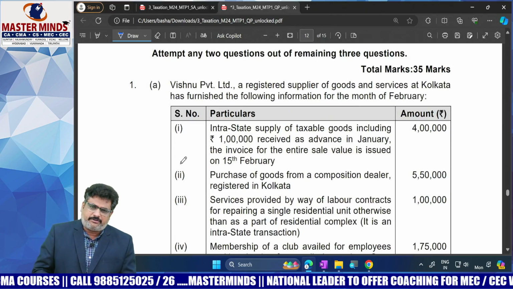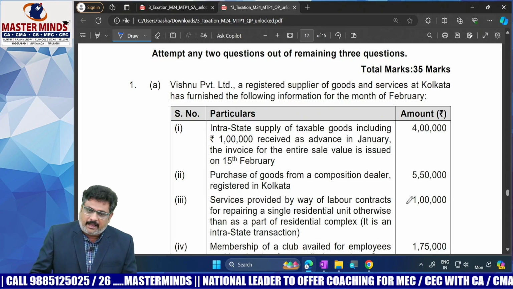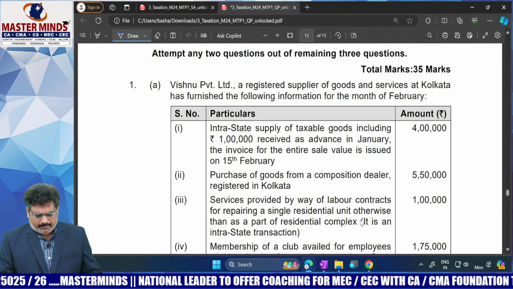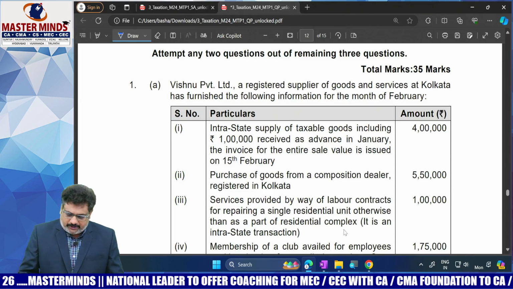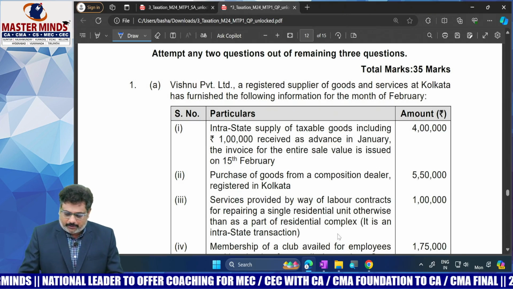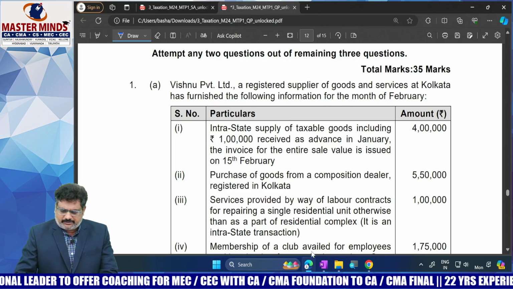Vishnu Private Limited is a registered supplier of the goods and services at Kolkata, has furnished the following information for the month of Feb. So first one is intrastate supply of taxable goods, including 1 lakh received as advance in January.